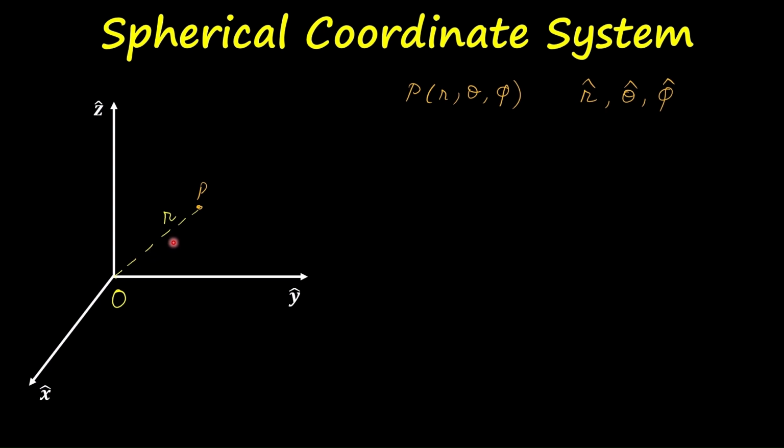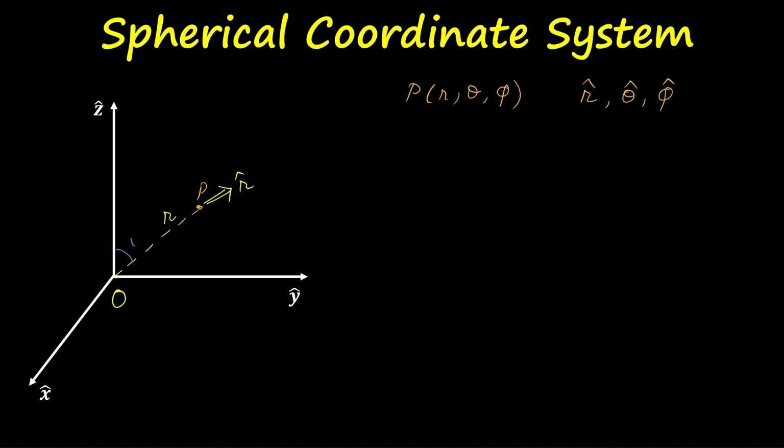Now, the direction of r cap will be along this direction, and it will be pointing outward. So I will write that as r cap. What about theta cap? We know theta is the angle between the z-axis and OP.